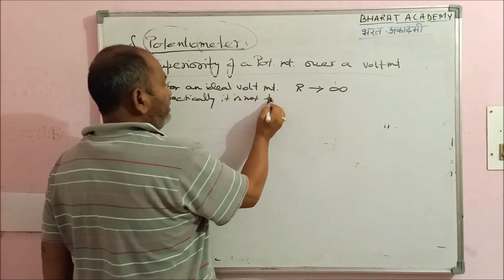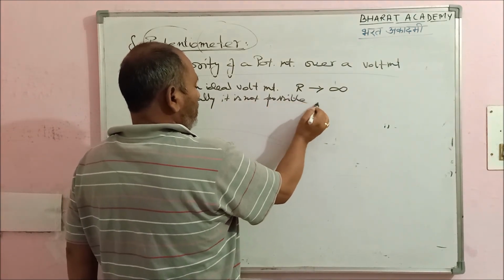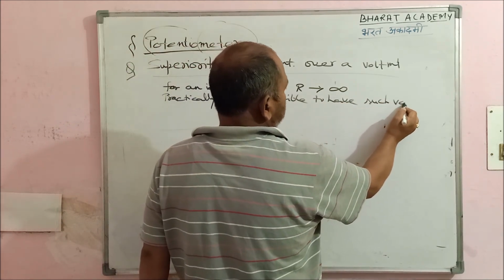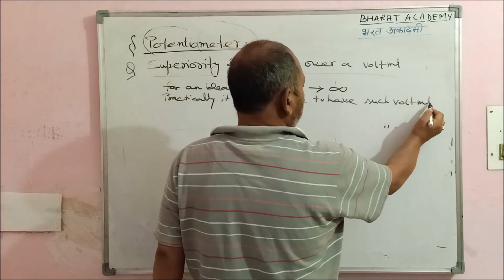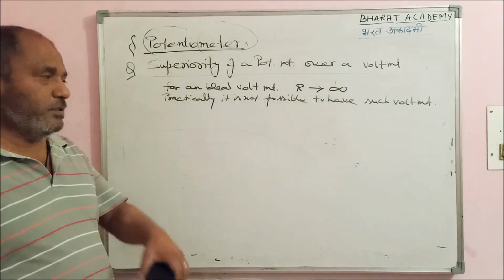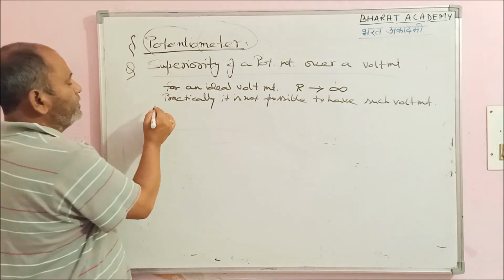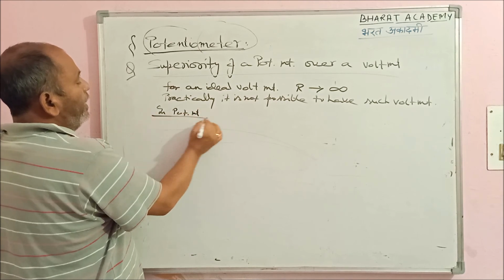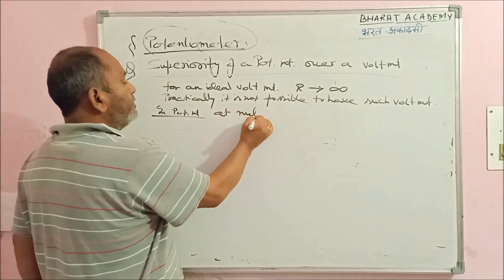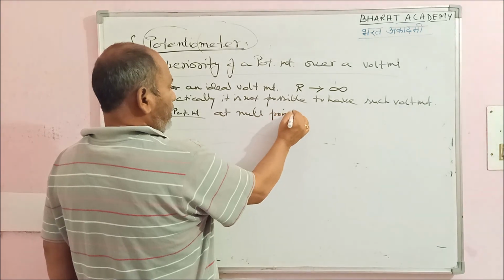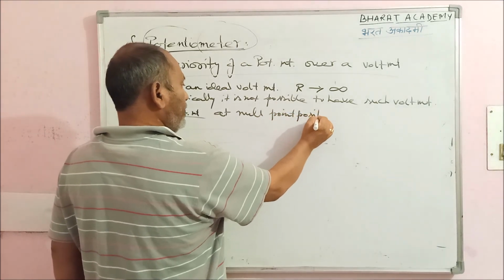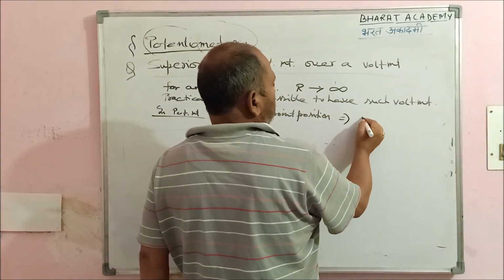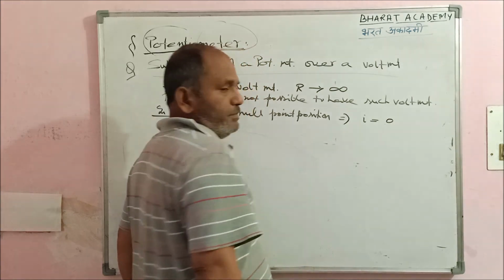it is not possible to have such a voltmeter. Then what to do? This problem is resolved in the potentiometer. In the potentiometer, what happens? At the null point position, I becomes 0.